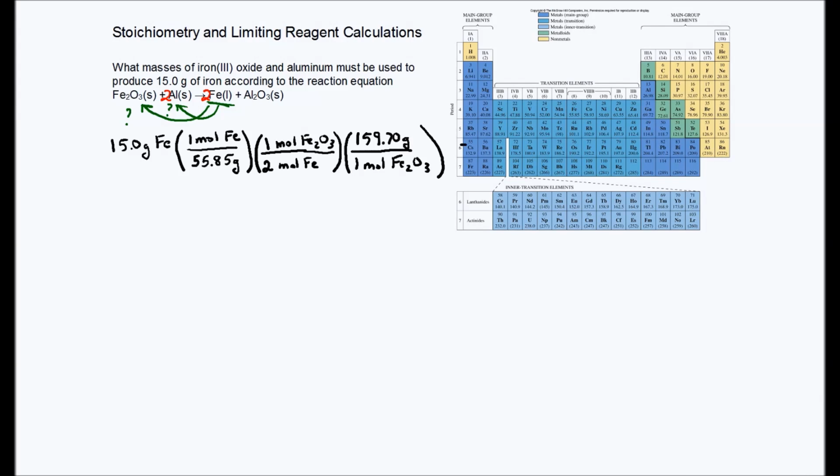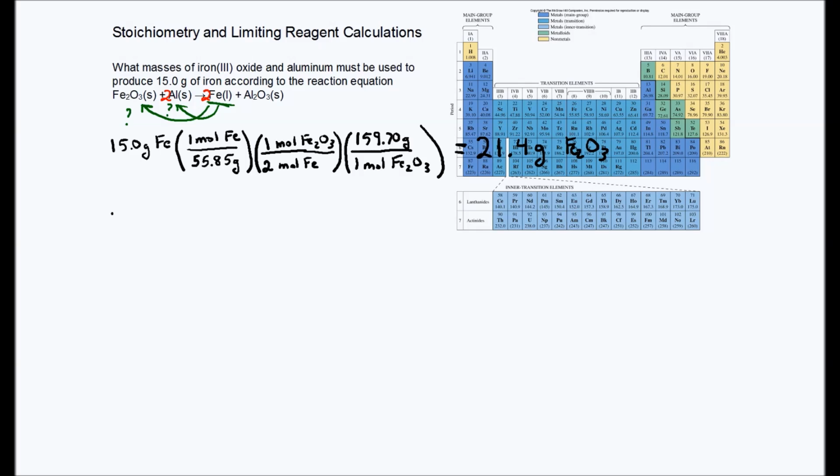And so, doing this math, 15 times 1 divided by 55.85 times 1 divided by 2 times 159.70 divided by 1 gives me 21.4 grams of Fe2O3. So that's how much Fe2O3, or iron 3 oxide, I would need to add.